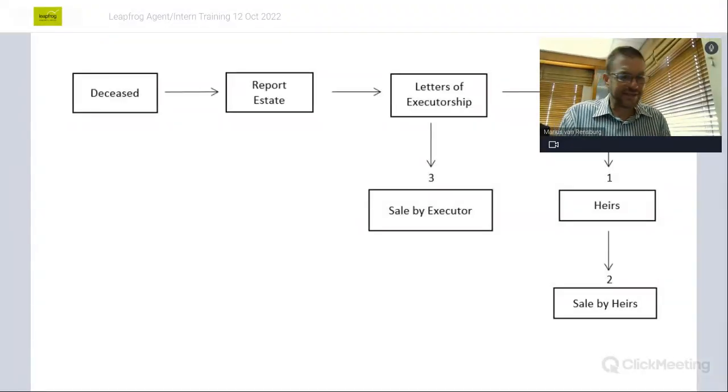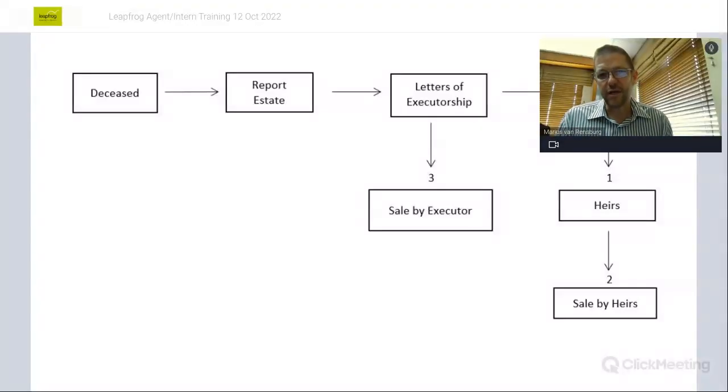Now, people can die testate or intestate. If they die testate, it means they're dying with a will. The will then dictates who becomes the executor, and who the people are who are going to inherit from the person who died. Or they can die intestate, which simply means they've died without a will. Then the question is, who's the executor and who's going to inherit?